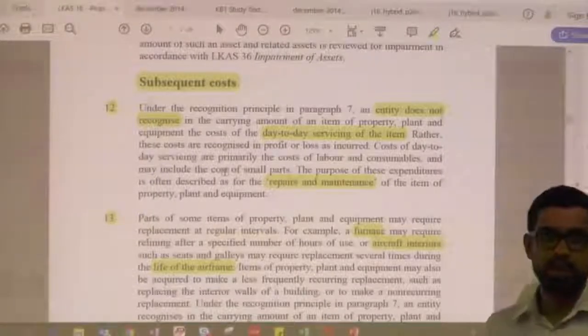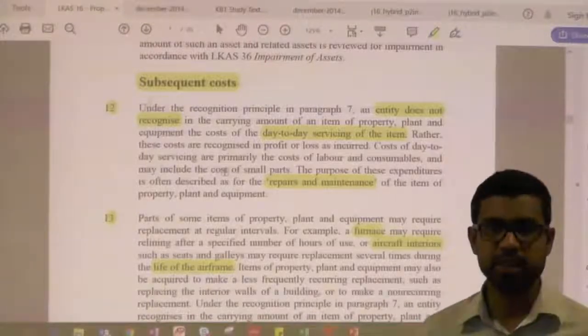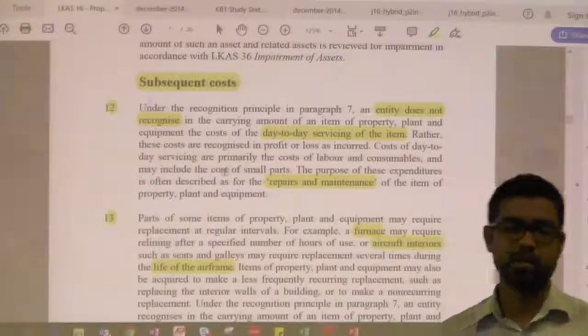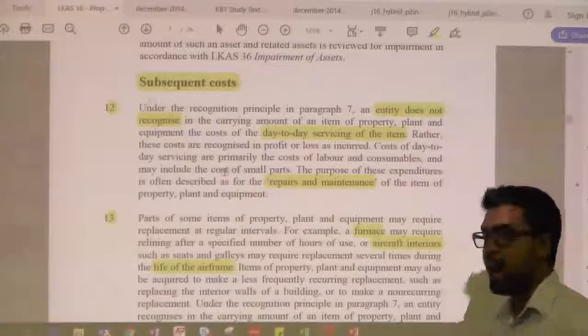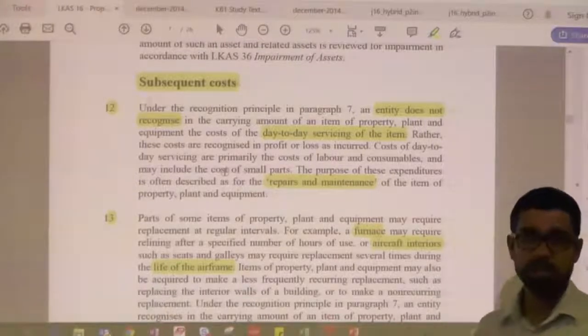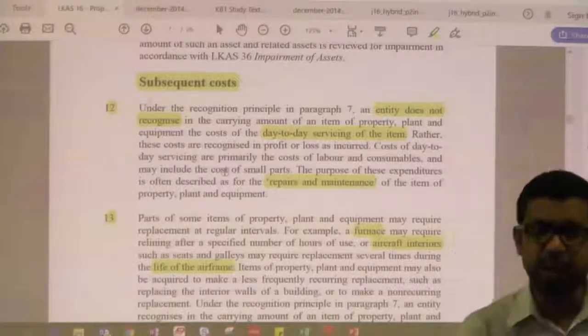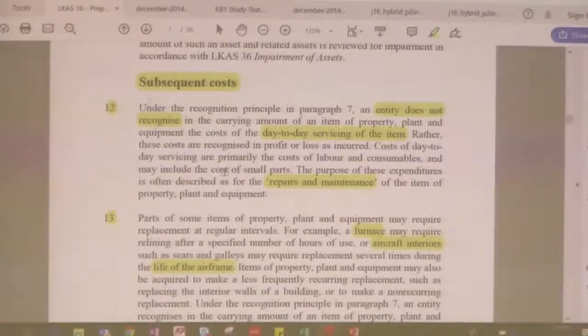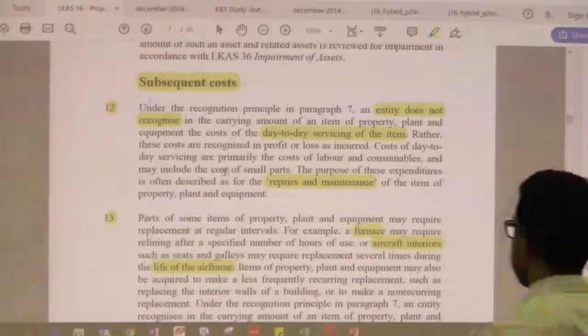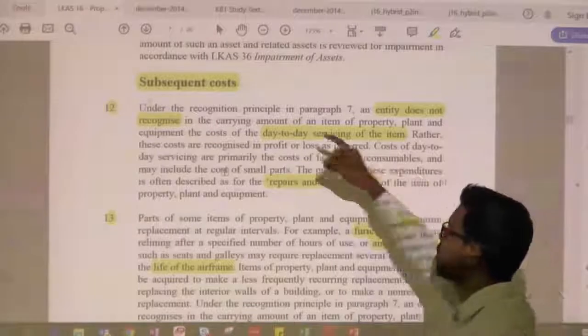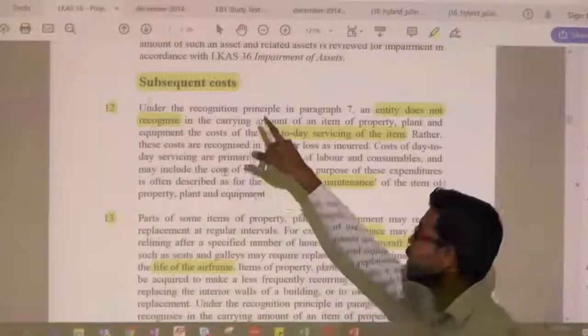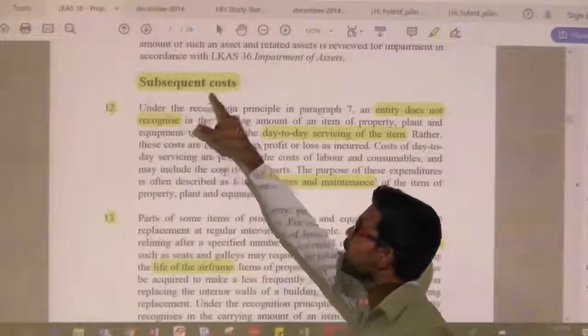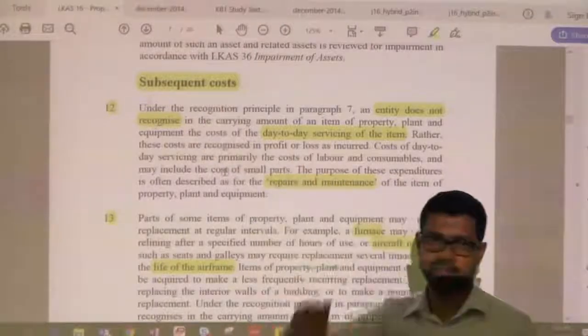Today is, let's say, 1st April 2018, which is the very first day of this financial year, last financial year. After a certain period, let's say after 6 months, you will incur some other cost as well on the same asset. So then we need to learn what the treatment is on that subsequent cost.